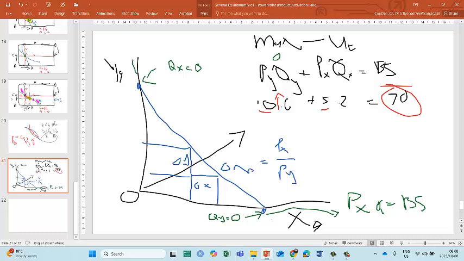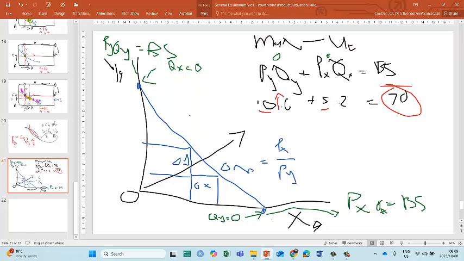And at this point, Py times Qy is equal to your budget constraint, because X is 0. So that point is Py times Qy, and that point is Px times Qx, which is your budget constraint. All good with that?